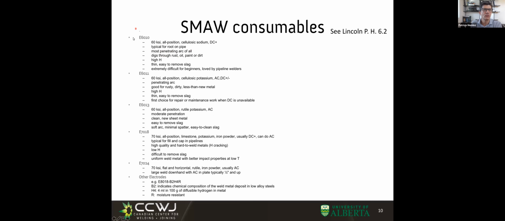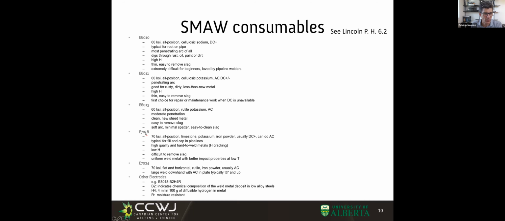This is very used by pipeline welders here. 6011 is pretty much the same thing. Of course, if you weld, you would see some subtleties, but the biggest difference between 6010 and 6011 is that 6011 can run on an AC machine, but 6010 is not graceful on a transformer type machine.